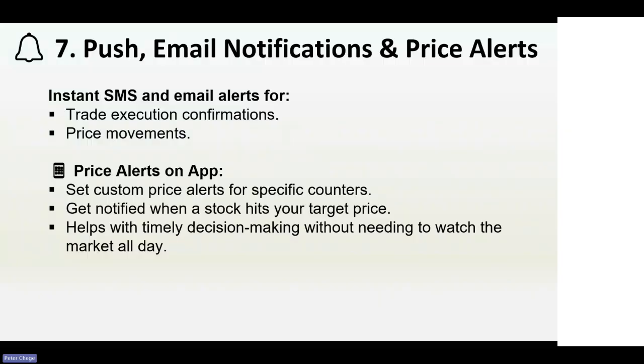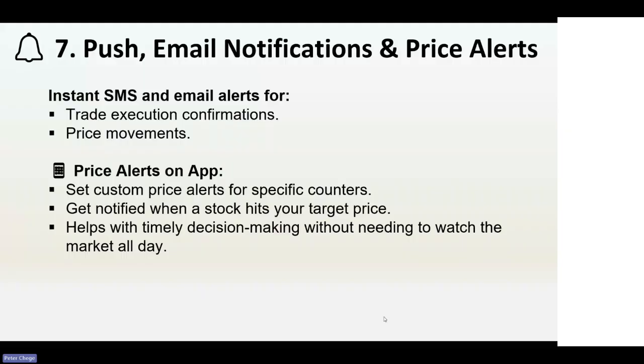You can be in other screens like Equity, to see how it is performing, but you have set a price alert for Safaricom. When it reaches your price, you will just get an alert, then you can go to that counter and execute your trade. So how do you set it?